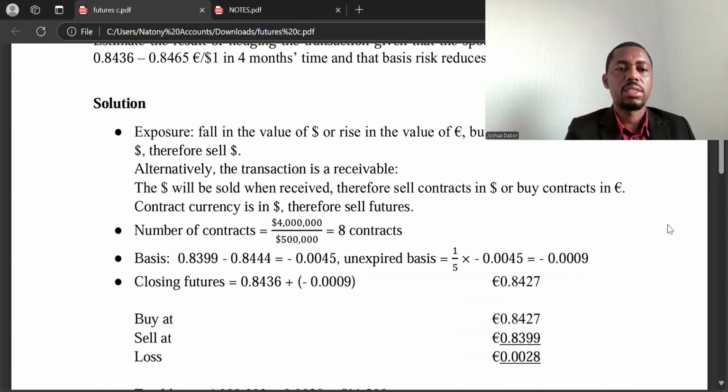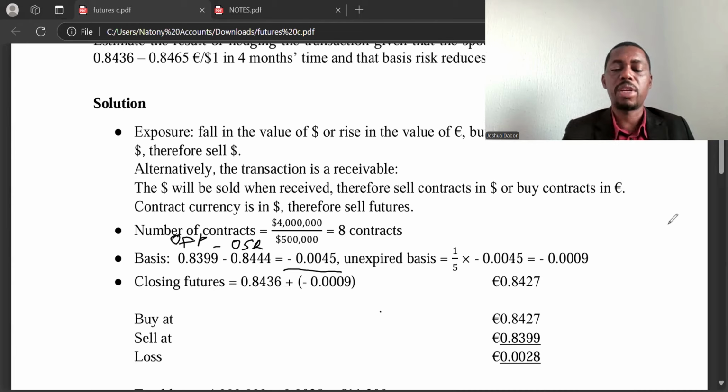So basis is what? Your opening futures price minus the opening spot rate. And that gives 0.00045. So that is the basis.